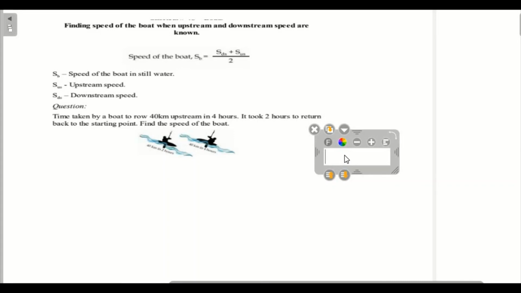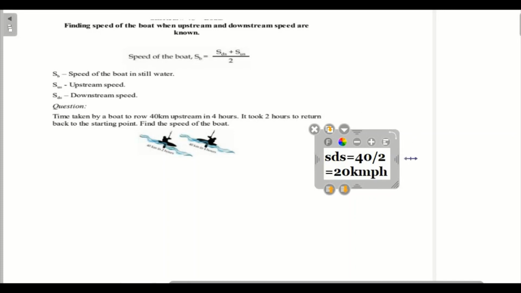For downstream, S ds is equal to 40. They have given that it took 2 hours to return back. So moving back, we are moving from upstream to downstream, so it is 40 divided by 2, which is equal to 20 km/h.